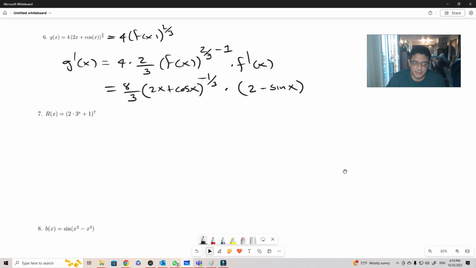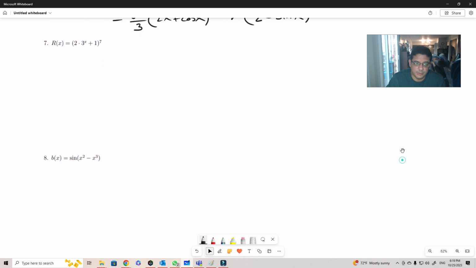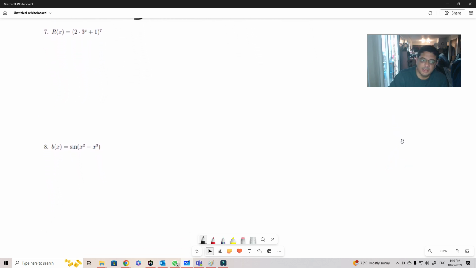Now, let's move to 7. And so again, another way of seeing this is as a certain function f of x power to the 7.